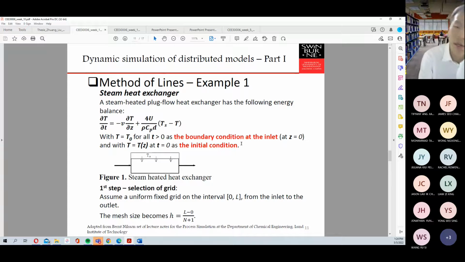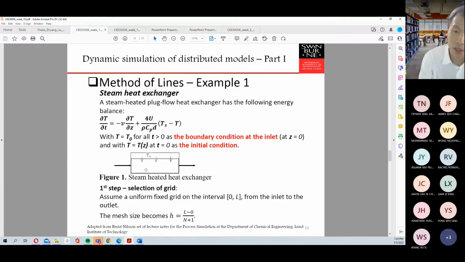Imagine that without deriving this partial differential equation, we just try to solve the PDE here, where we have del T over del t equal to minus V del T over del Z plus 4U divided by rho Cp D multiplied by Ts minus T. And we have one initial condition here. Oh no, this one is actually the boundary condition because this one is at Z equals 0. And then this one is the initial condition, so T is equal to T(z) at t equals 0.